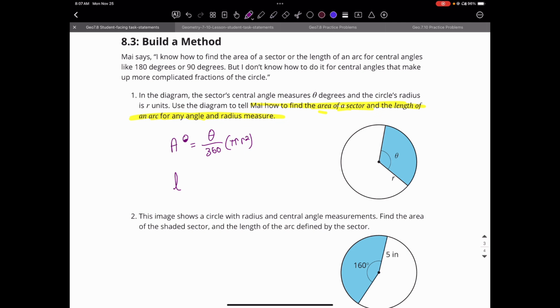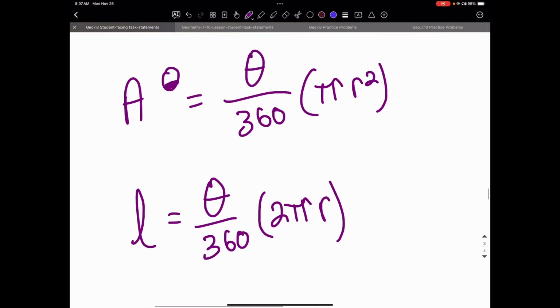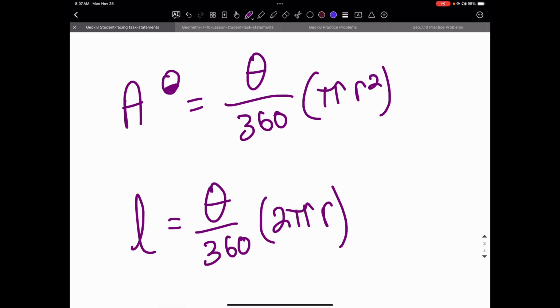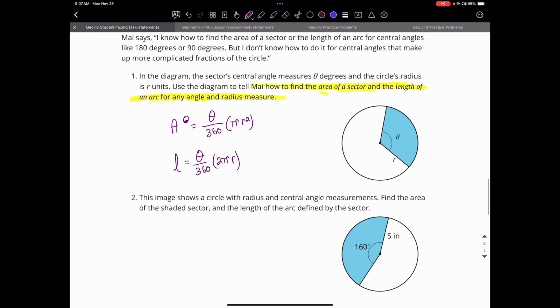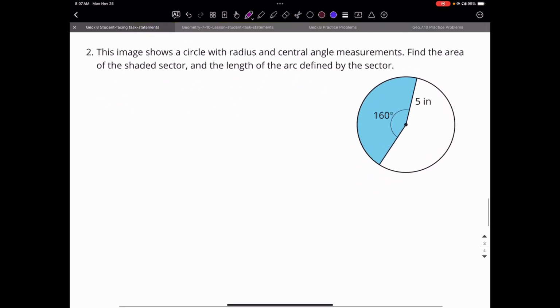The length of that arc is going to be theta over 360 times 2 pi r. Those are the two things that you need to write down in your notes. That's what you need to know. You can do some mental math like I did with some of those, but there may come a time that you cannot do the mental math, right? So it may be a challenge.